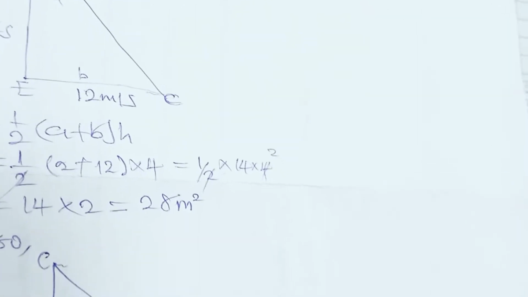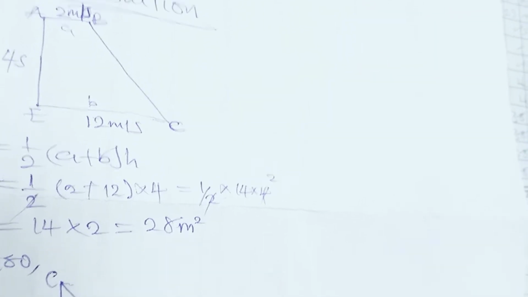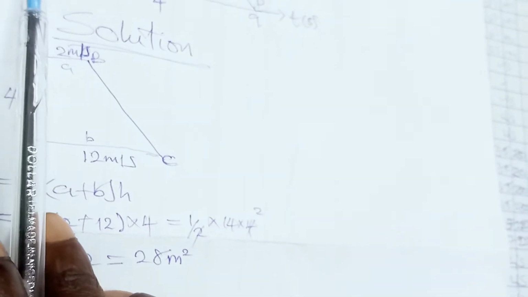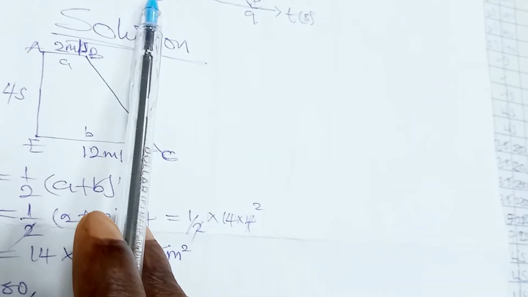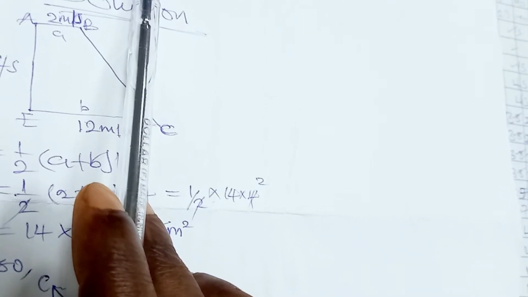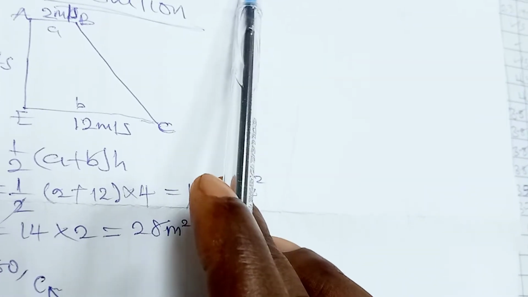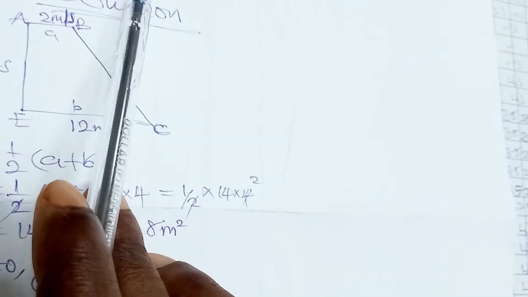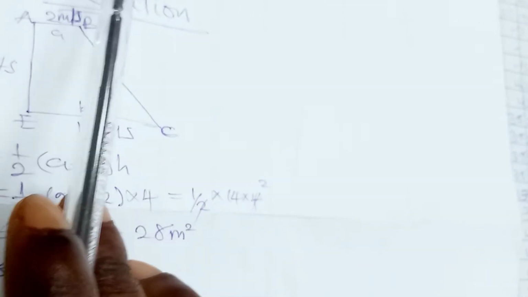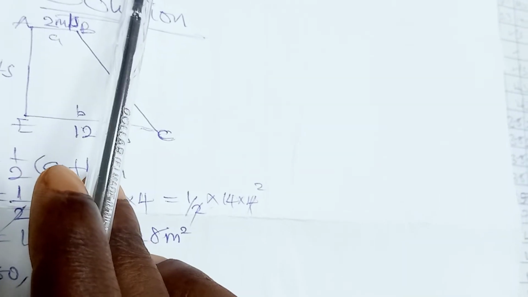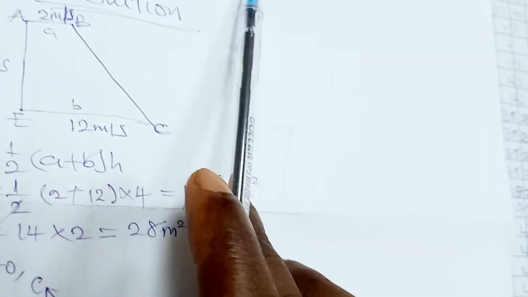And between E and D, remember that from here to here is 4, then from here to here is 9. You remove this 4 from this to know from here to here.